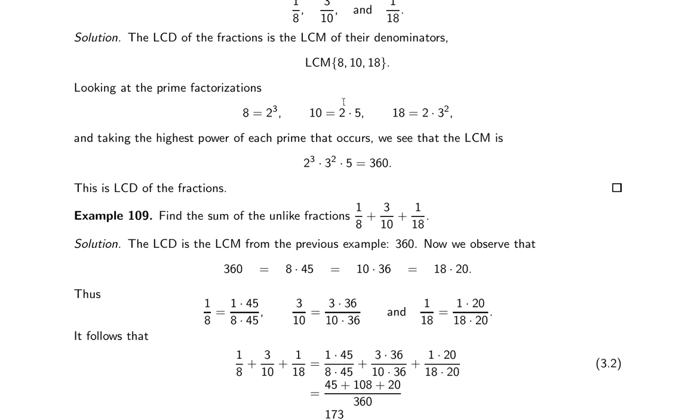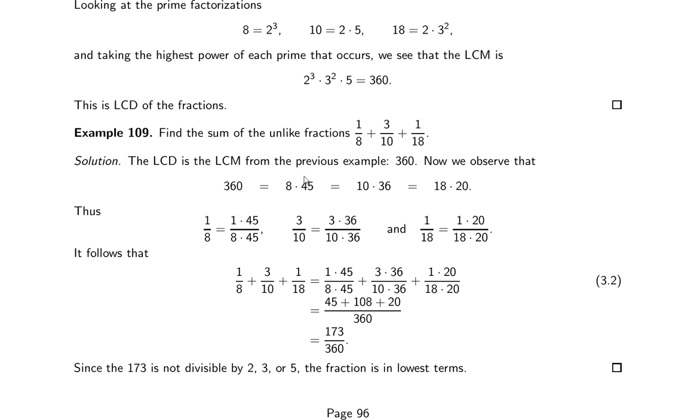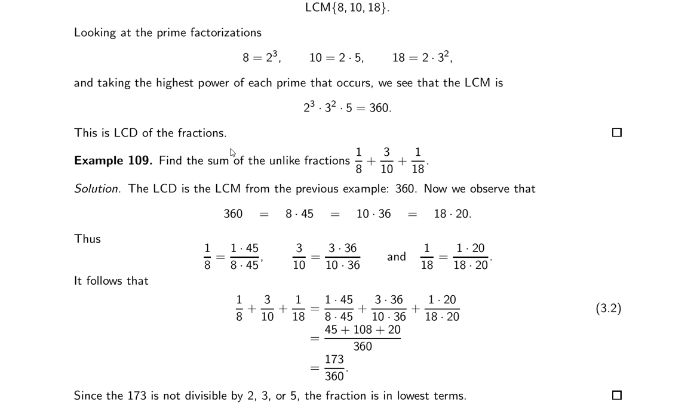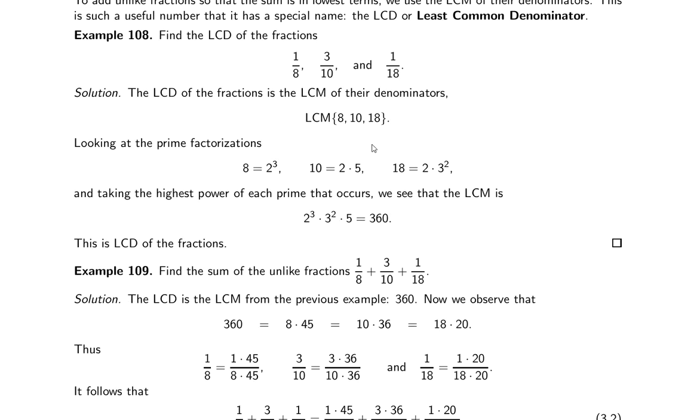Okay, in the book, here's a nasty looking example. So we have unlike fractions here. They already worked out the LCM of 8, 10, and 18 is 360.